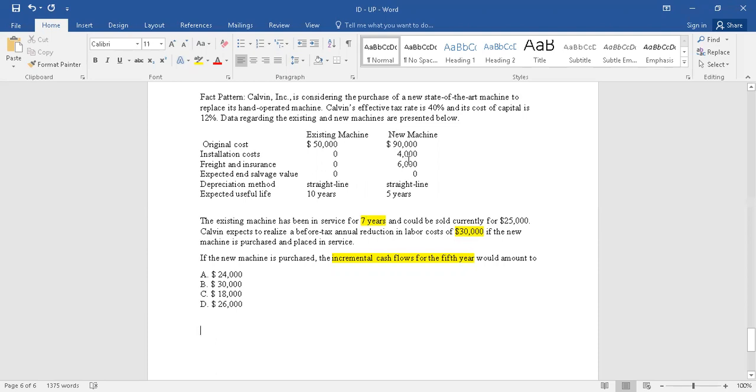So if the decision is to replace the existing machine with the new machine, the incremental cash flows can be realized only for the 8th year, 9th year, and 10th year. So that is in terms of the new machine's life, years 1, 2, and 3.